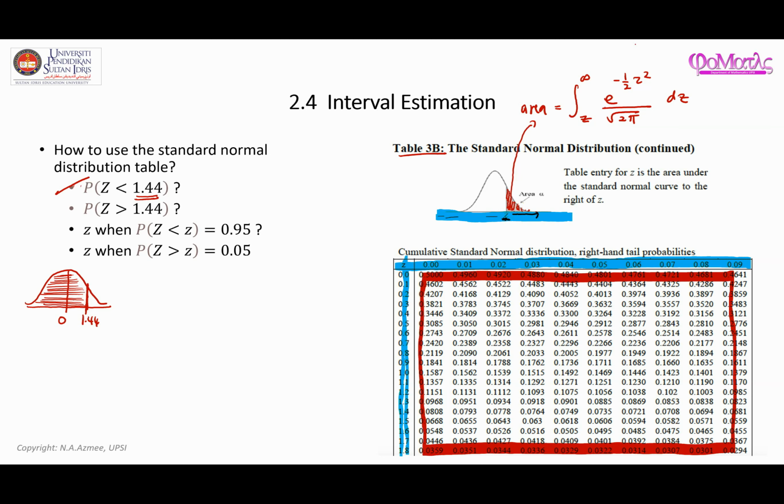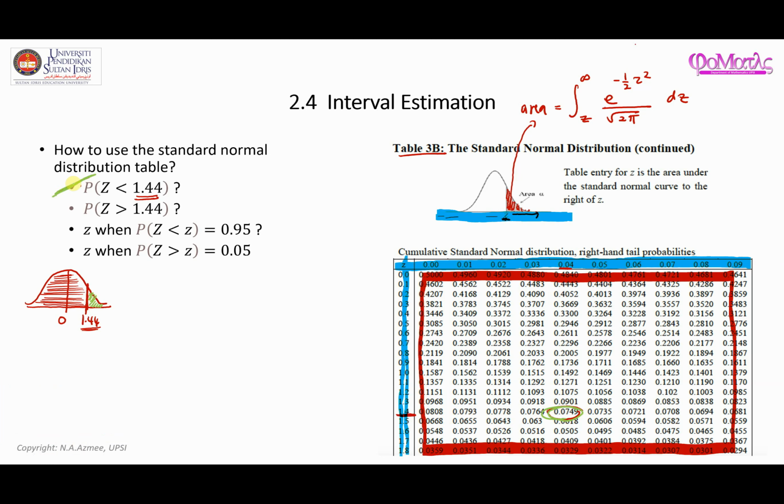You need to do some sort of manipulation. If you read from the table 1.44, so this is 1.4 and 4, the answer that you will get is 0.0749, and this refers to this area.